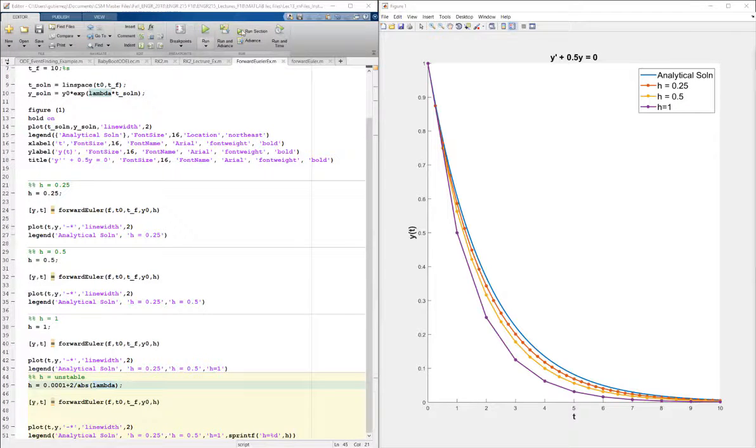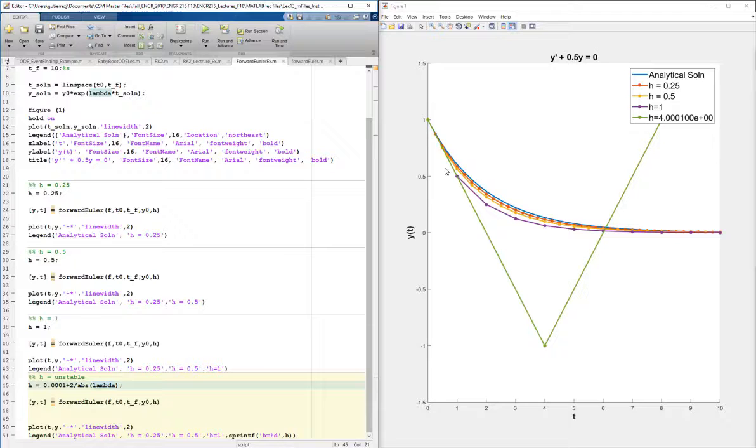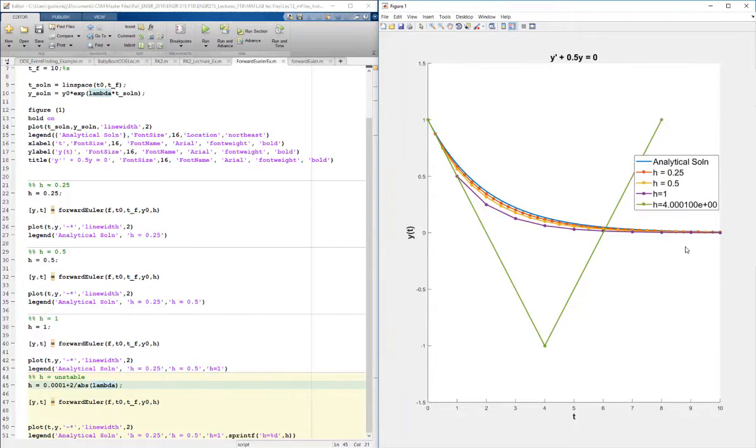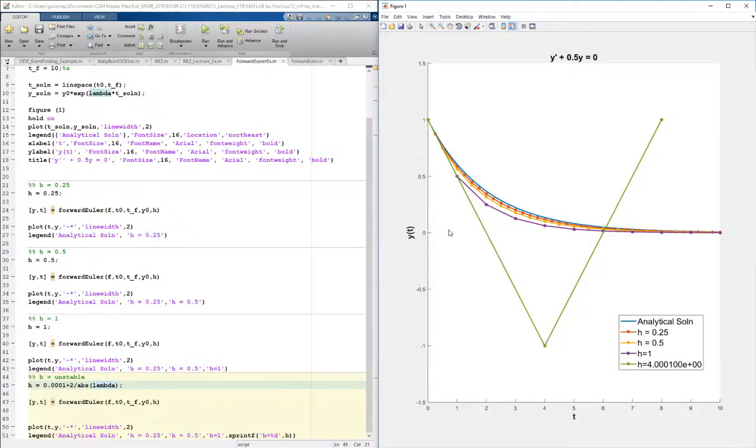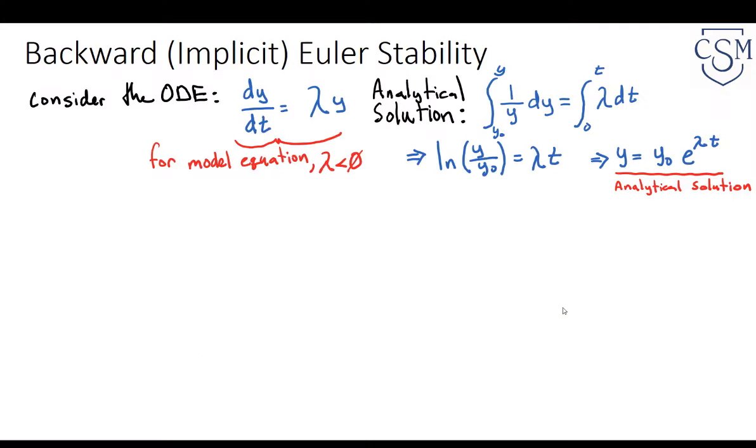So let's go ahead and run it. And we see that our solution, as we take this time step, is varying wildly, and that is what we say is unstable. We've taken too large of a time step, and this method is no longer stable for this numerical solution to this ODE.